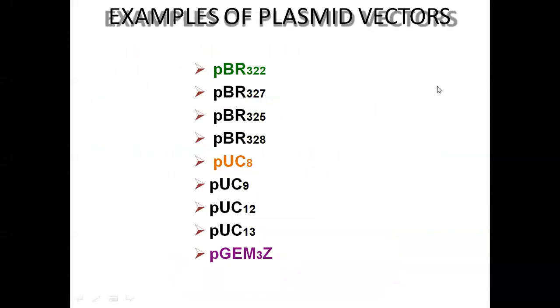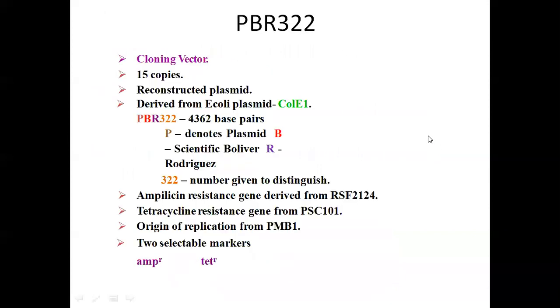Some examples of plasmid vectors: pBR322 is the well-known, very useful, commonly popular plasmid vector, and there are pBR327, pBR328, and pUC8, which is also very important. Okay, so these are the examples.